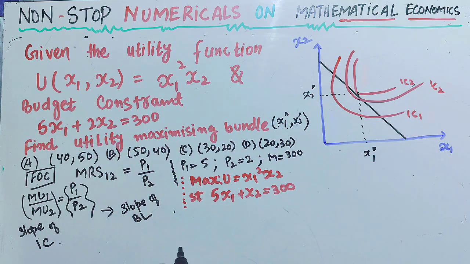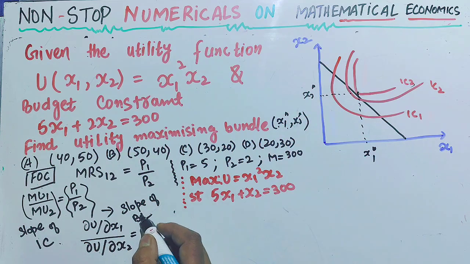Marginal utility of good 1 means the change in the total utility due to the change in the consumption of good 1, that is the partial derivative of the utility function with respect to x1, divided by MU2, the change in the utility upon the change in the consumption of good 2. It should be equal to the ratio of the prices.